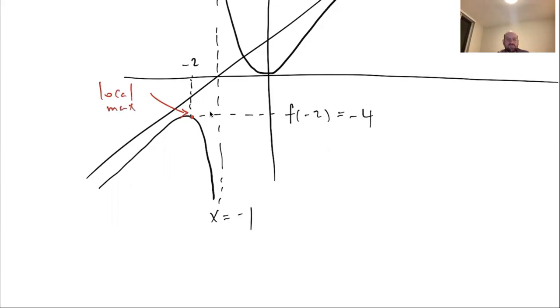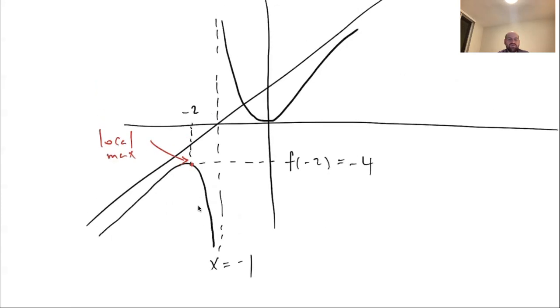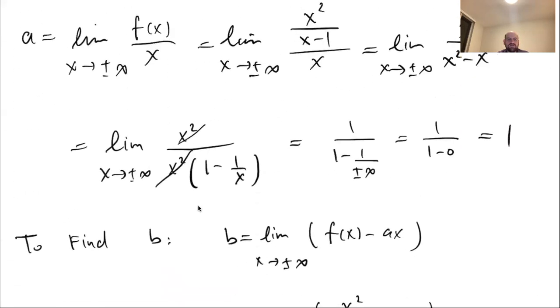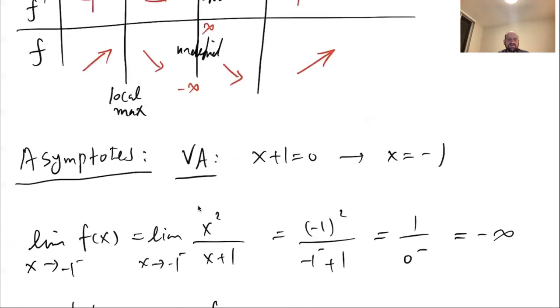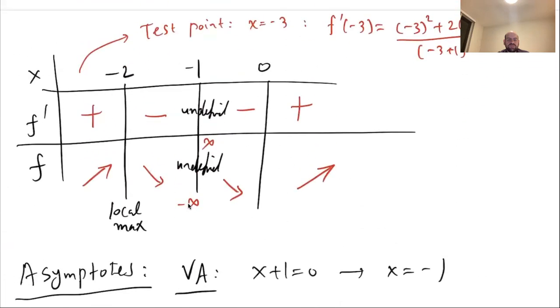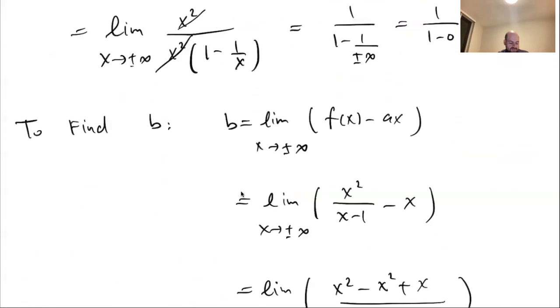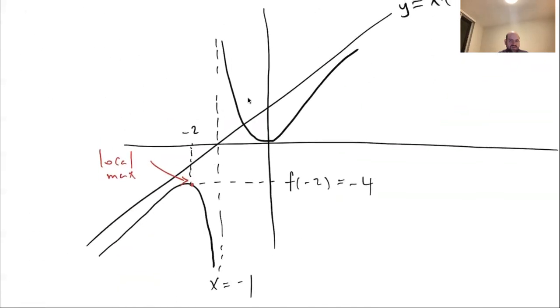And after -2, the function decreases all the way to -infinity right before -1. Look at the sign chart. Right after -1, the function starts from infinity and decreases all the way to 0.